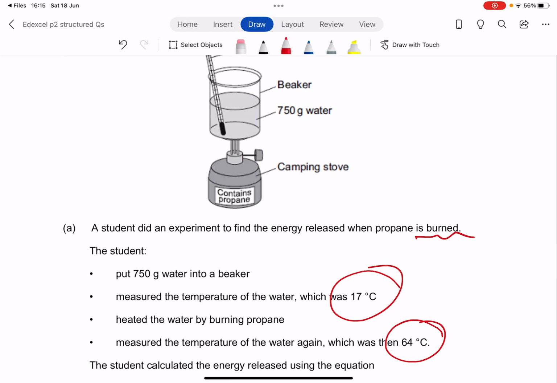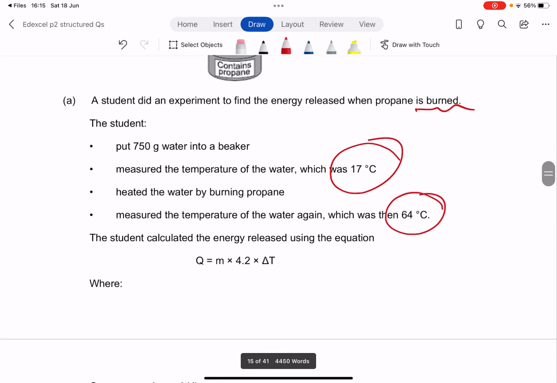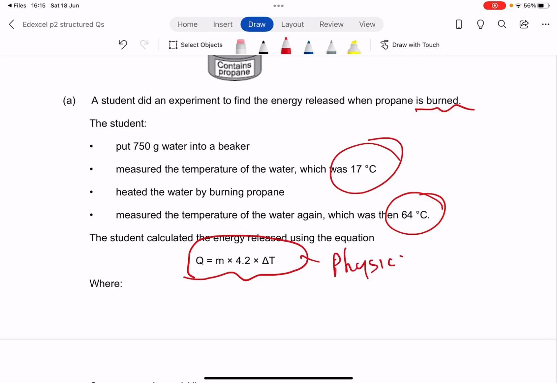The student calculated energy released using the equation Q equals M times 4.2 times change in temperature. You've come across this equation in physics. It's not directly mentioned in Edexcel. The only reason I'm mentioning it here is just for you to understand the heat changes that happen in reactions, and in the additional information there is a mention of a heat release experiment.